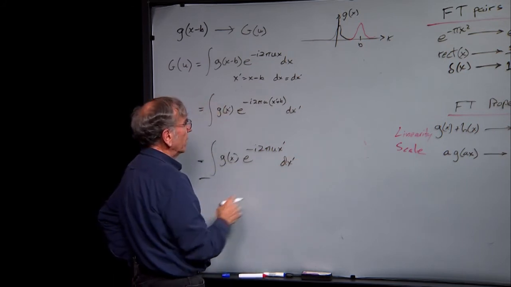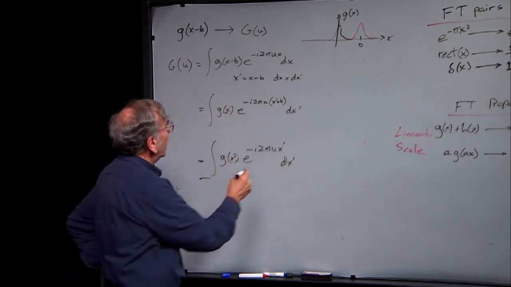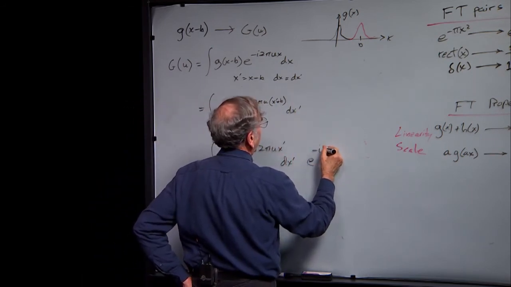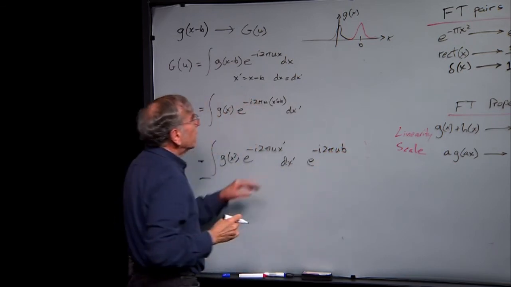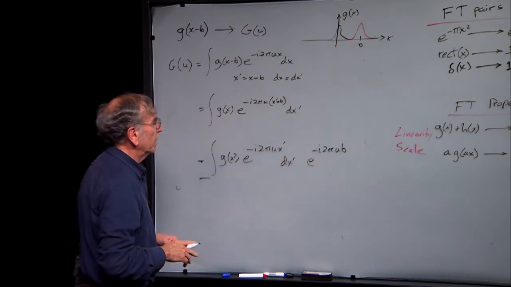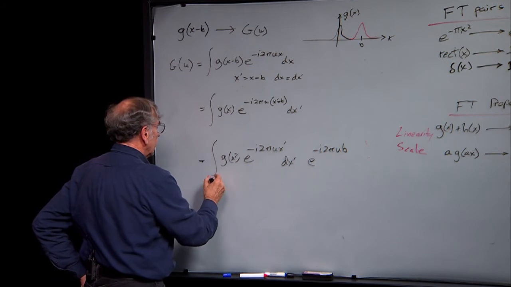The integrating variable is dx prime, and that's an x prime also. And this is all multiplied by e to the minus i 2 pi u b. So I took the b term out of here, and I made a whole different exponential out of it. And so we know this guy.